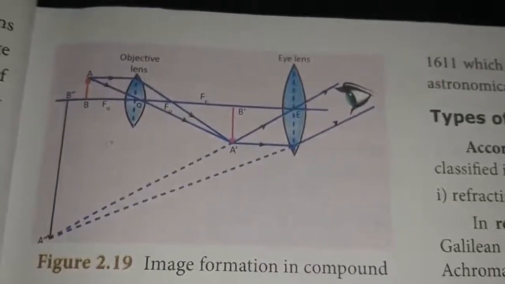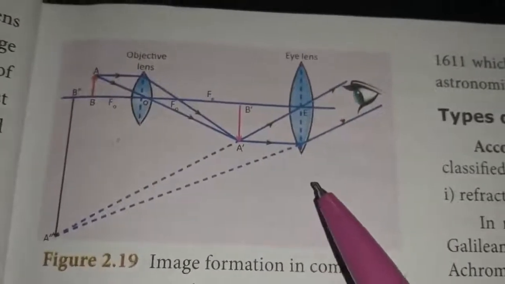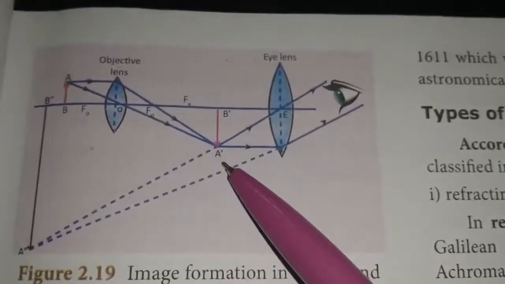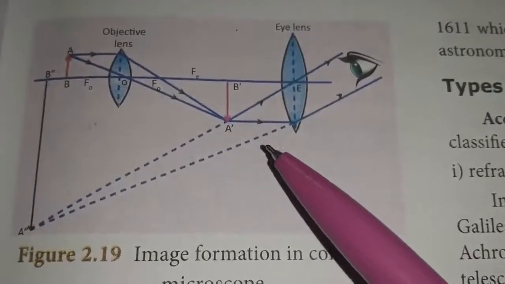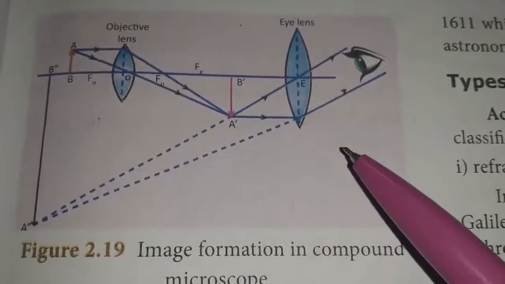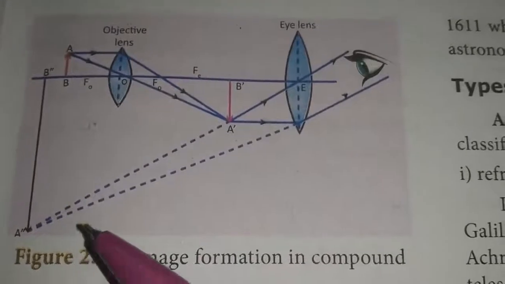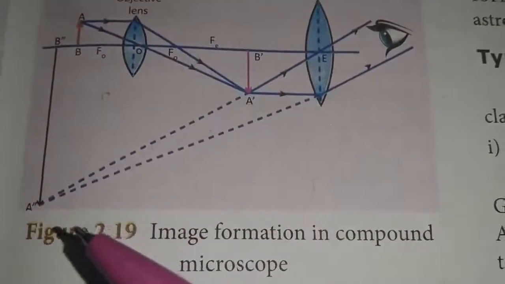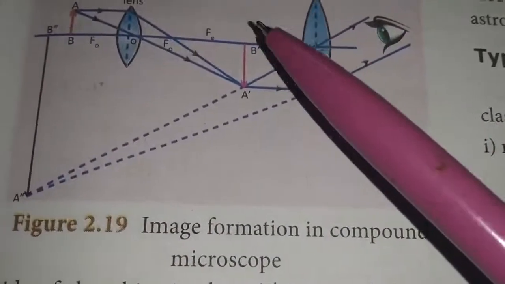By adjusting the position of the eye lens in such a way that the image A dash B dash falls within the principal focus of the eyepiece, the eyepiece forms a virtual, enlarged, erect image. Erect means straight image. Virtual means the diverging rays are extended and meet at a particular point. It is enlarged when compared to the A dash B dash image.